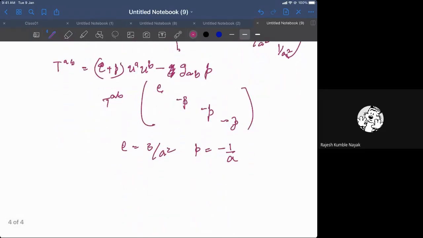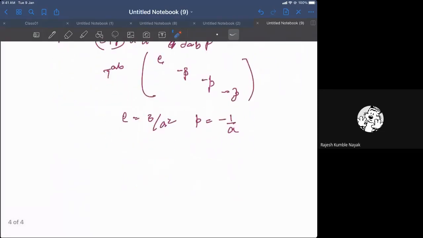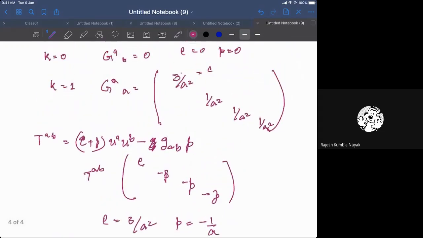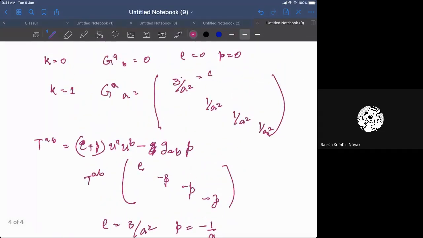Now, of course, you would ask, how can pressure be negative? Of course, that is what bothered Einstein. Static universe. If you calculate for the next one too, k is equal to minus 1, then you would simply get the reverse of this. So we could say that k is equal to plus or minus 1 here.